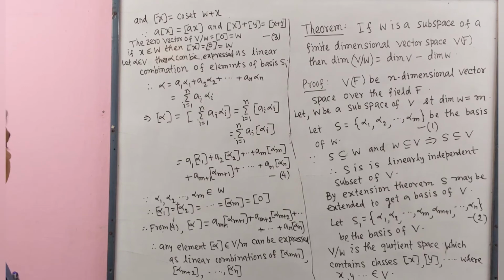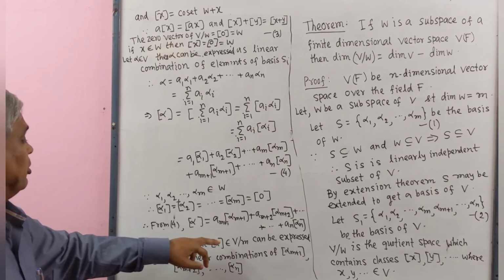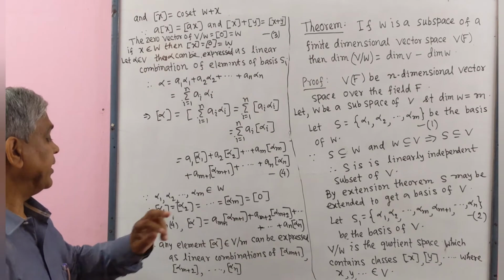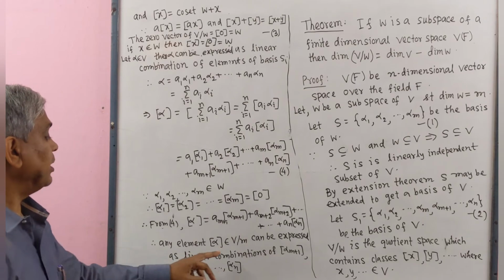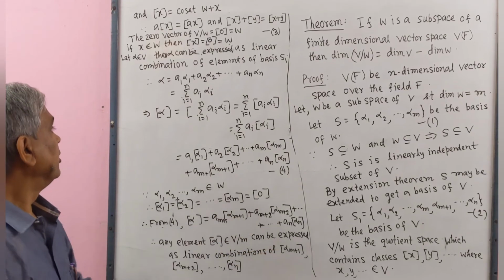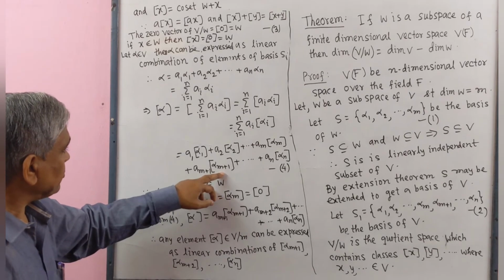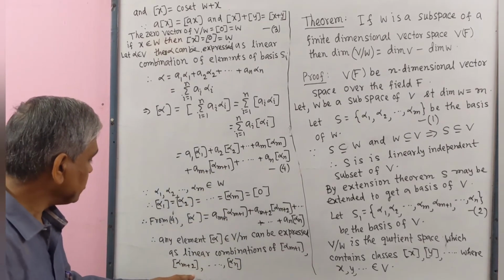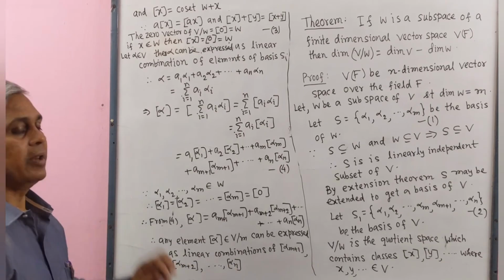Therefore, any element alpha class belonging to V by W can be expressed as a linear combination of class alpha m plus 1, class alpha m plus 2, dot dot dot class alpha n.